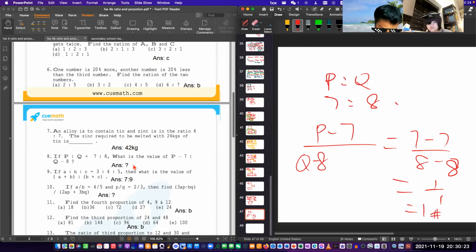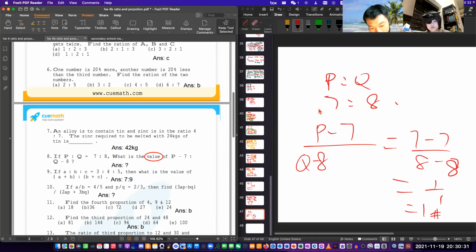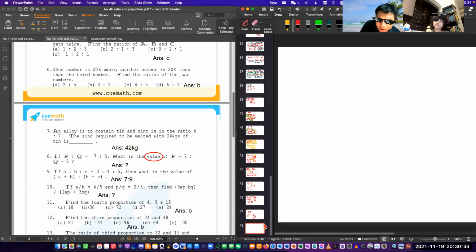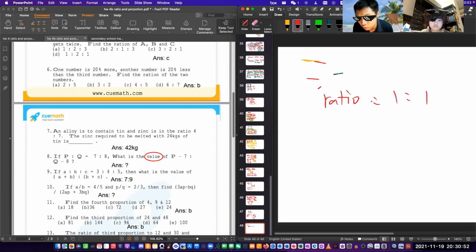Can you see? They ask for the value, right? What if they ask for the ratio? 1 to 1. Correct. So if they ask for the ratio, the answer is 1 to 1.